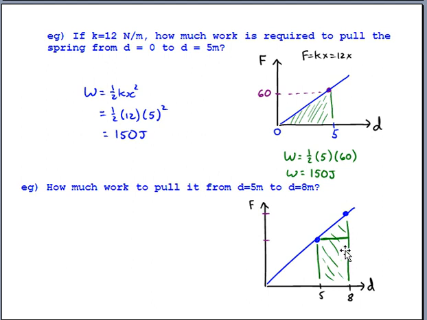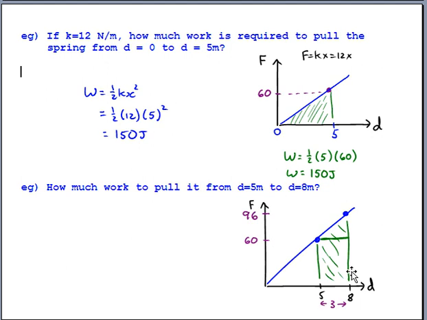One, as you can see here, is you can say, well, that's actually like a rectangle and then a little triangle sitting on top. And if you start to think about the numbers here, we know that that first vertical value is 60. And then if you go 12 times 8, this final force value is 96 up here. So this little triangle, it has a width of 3, and just comparing verticals here, a little growth there of 36.